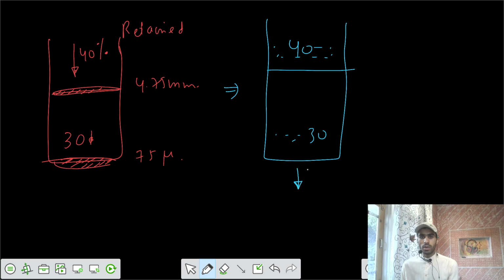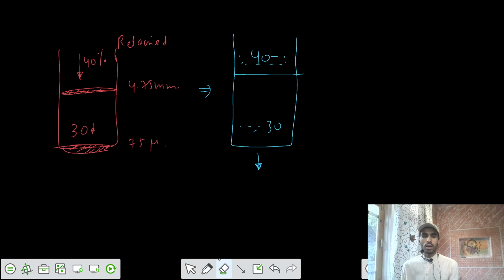That means percentage passing is how much has passed than 75 micron. That means percentage finer than 75 micron would be the difference of these two from 100. So that's 30%. Can you say that your finers are 30% from the problem itself?